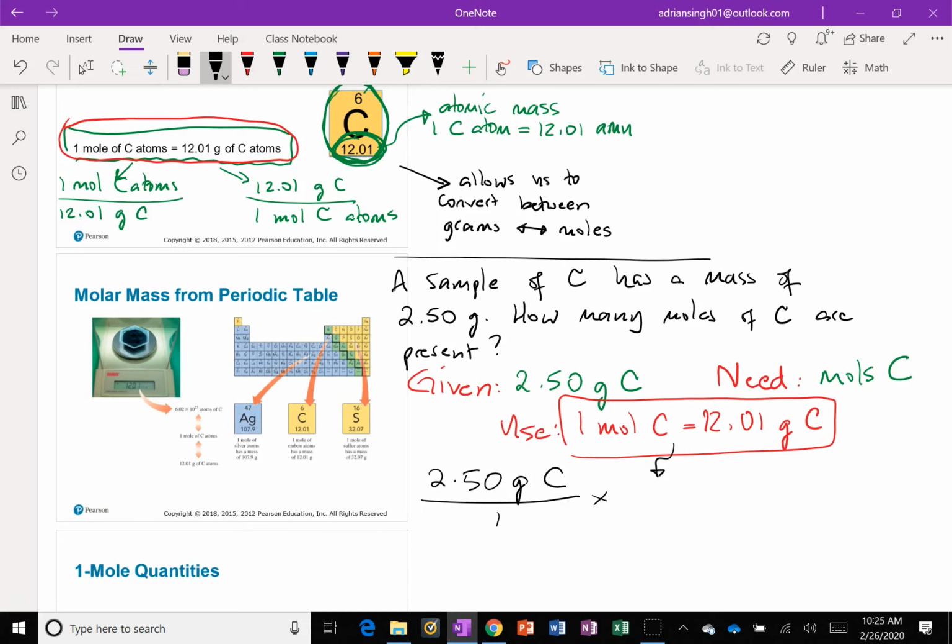If I want to end up with moles of carbon, that should go on the top, which means the grams of carbon go underneath so they cancel out. So I have 12.01 grams of carbon underneath for every 1 mole of C. The grams of carbon go away, and what I end up doing is dividing 2.5 by 12.01.